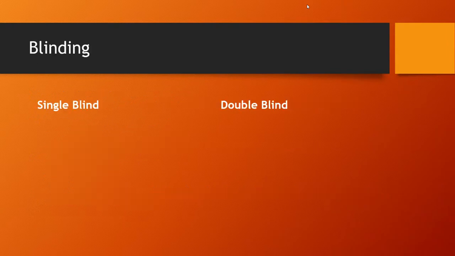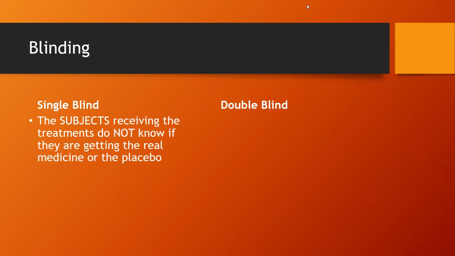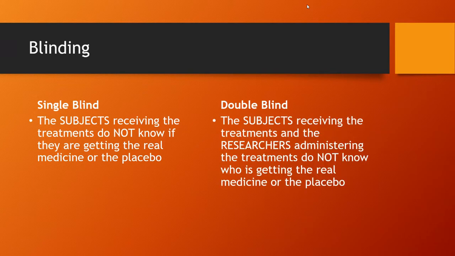Okay, we'll talk about blinding. Single blind is when the subjects who are receiving the treatments don't know if they're getting the real medicine or the placebo. Double blind would be the subjects receiving the treatment don't know what they're getting, and the researchers administering the treatment or who are interacting with the subjects also don't know. Somebody knows.